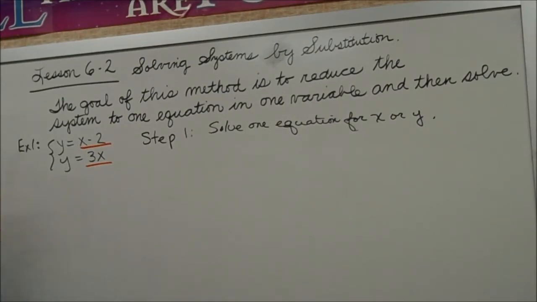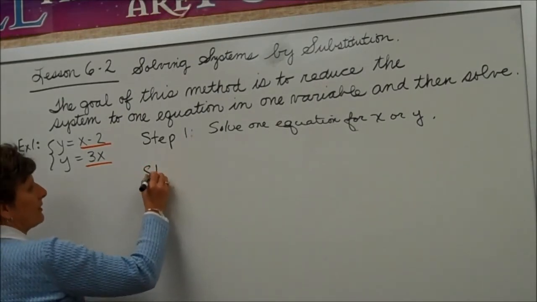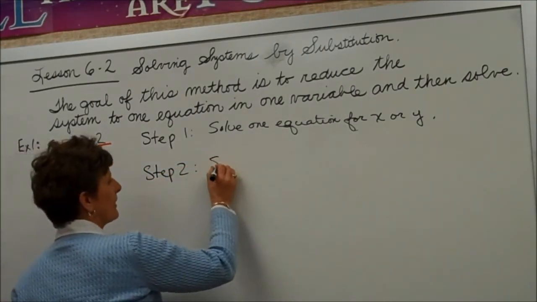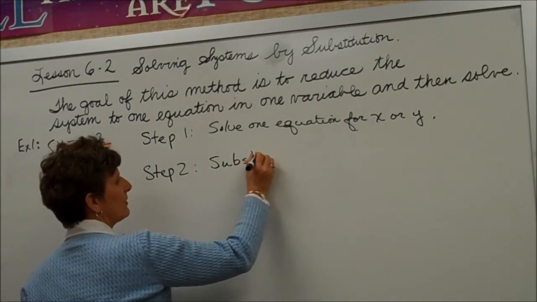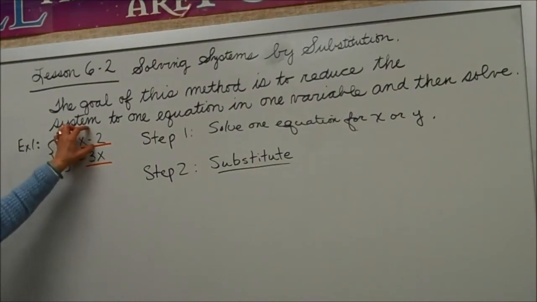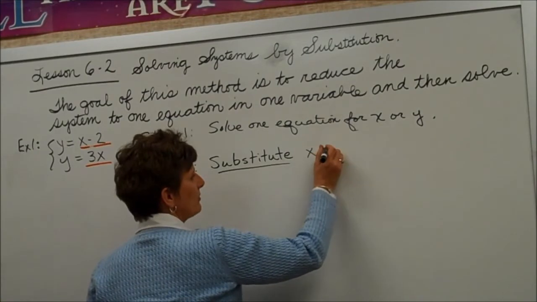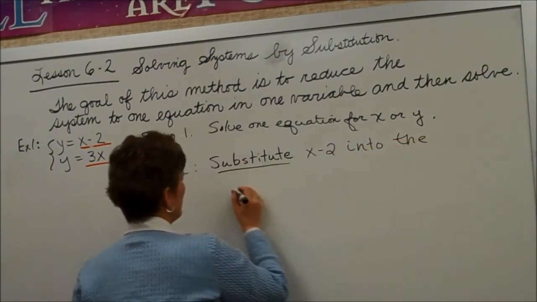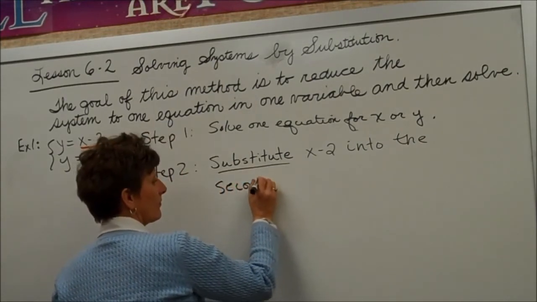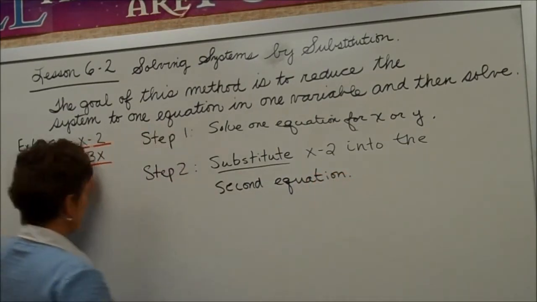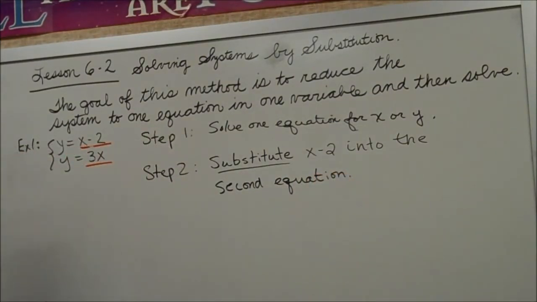The second step in this method is to substitute. When we substitute, we're going to put one value in for another. So we're going to substitute x minus 2 into the second equation, because x minus 2 is another name for y.